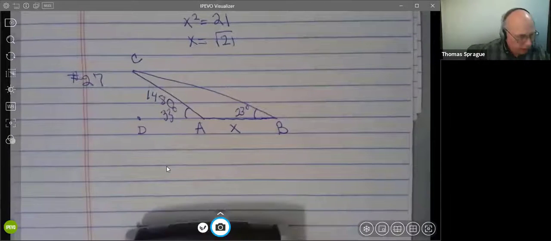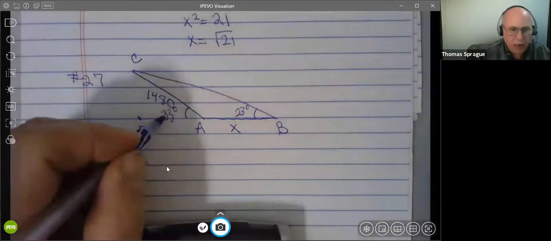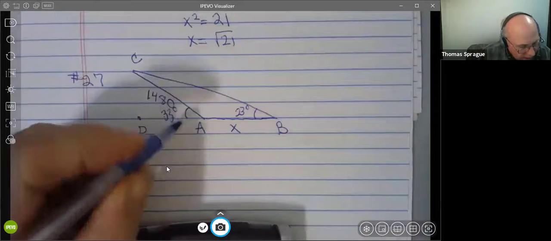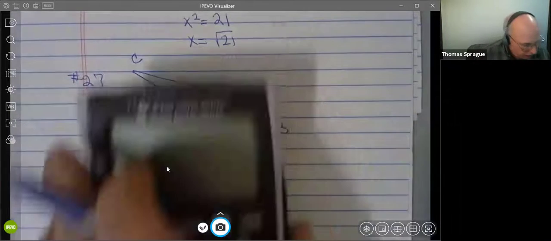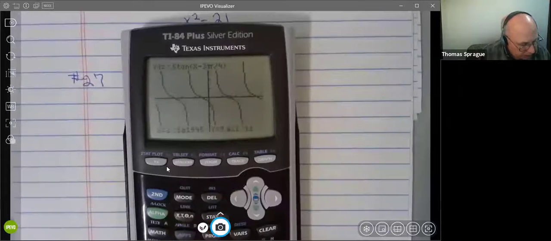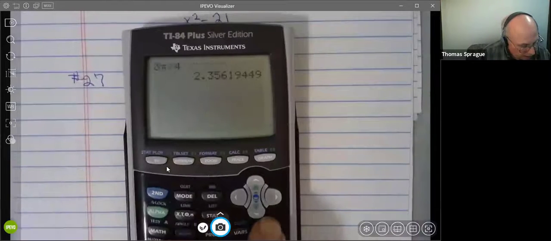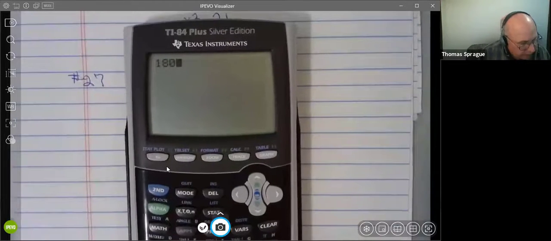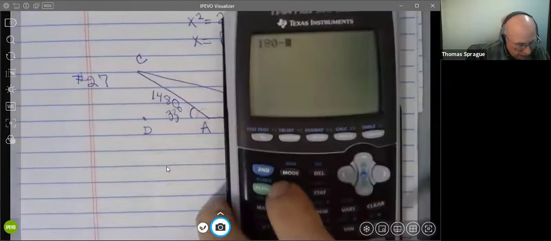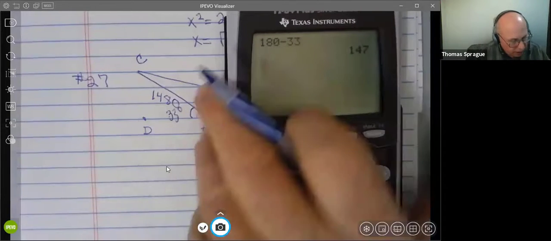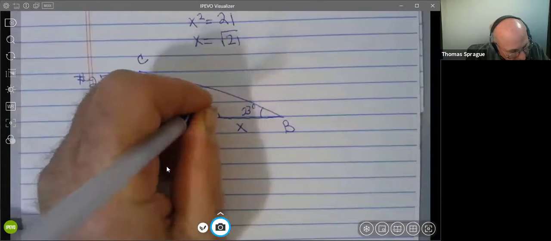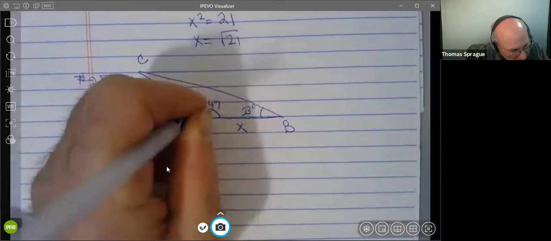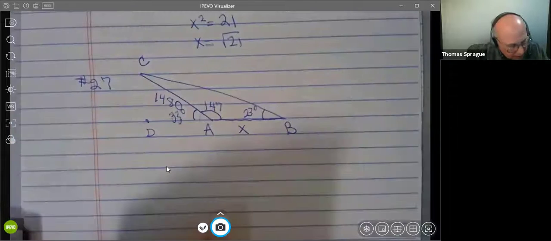Okay, here's what we know. We've got a 33-degree angle here. From here to here is a straight line. That's 180. So 180 minus 33 is 147. So this angle is 147 degrees.